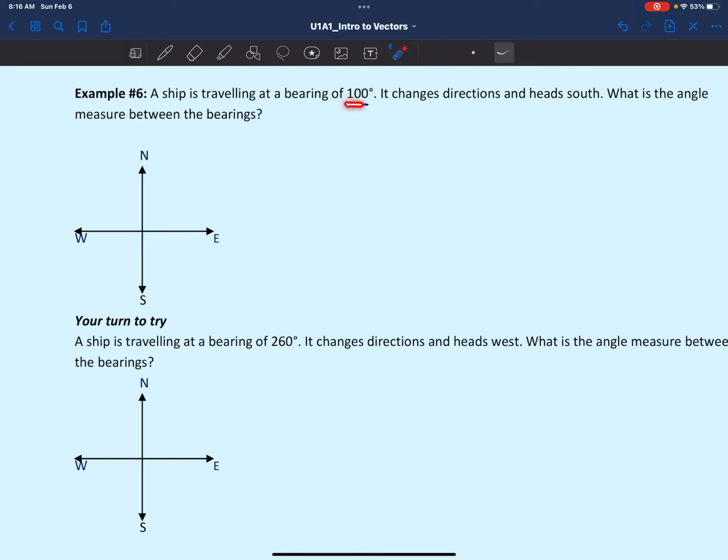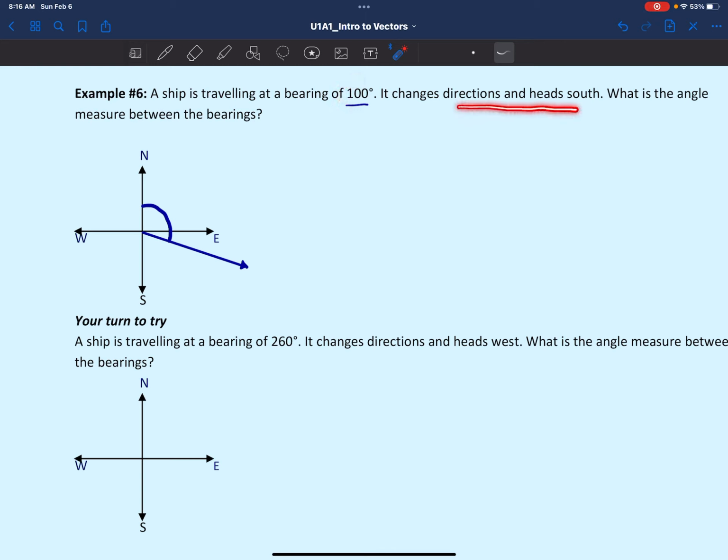So remember, just by knowing the bearing, I can easily describe the direction of the ship by using the compass. So that's 90, so that would be 100 approximately. Then again, we're eyeballing it and exaggerating the diagram for the purpose of it being clear enough. So this would be the vector that describes the motion at a bearing of 100 degrees.